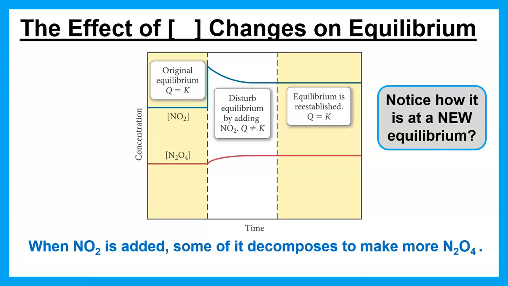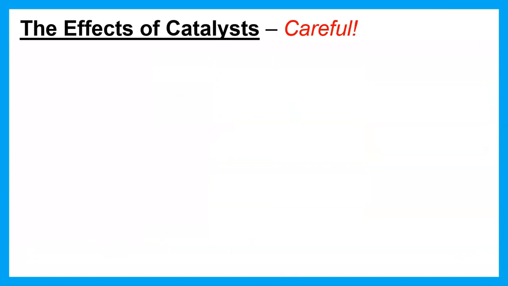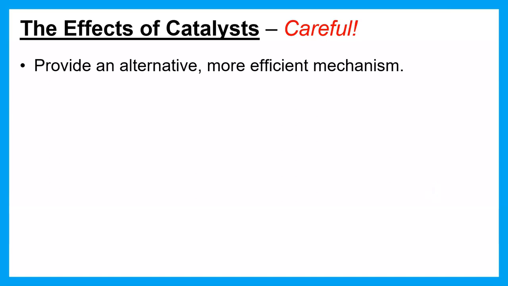We always teach them really close together, one after the other, because they're related, but you have to be careful with how you talk about catalysts. If you remember, a catalyst provides an alternative to the original mechanism. It's a more efficient mechanism. It will have a lower activation energy overall than the original one. That's why it can go faster.